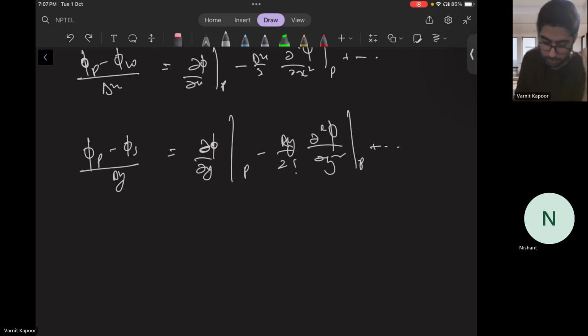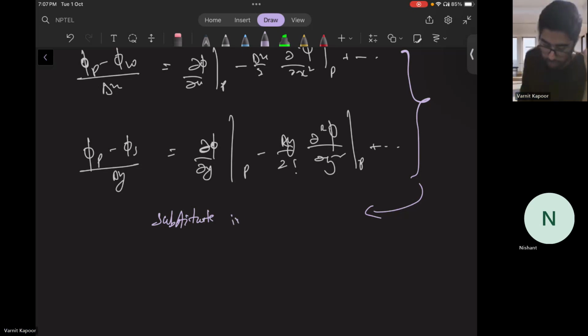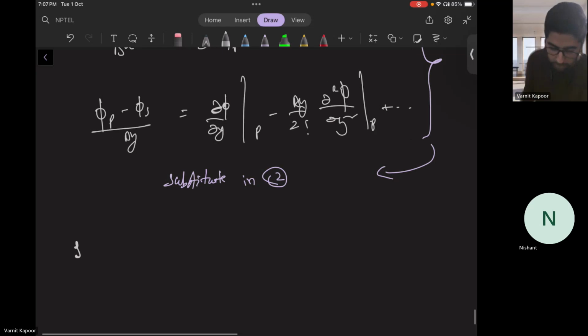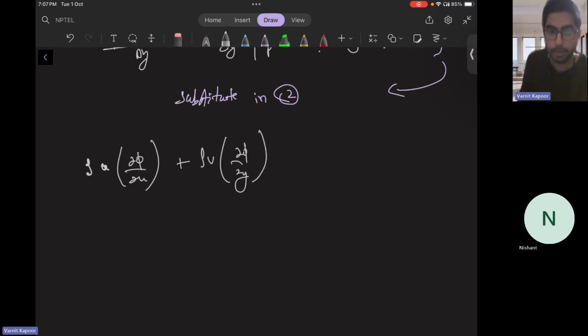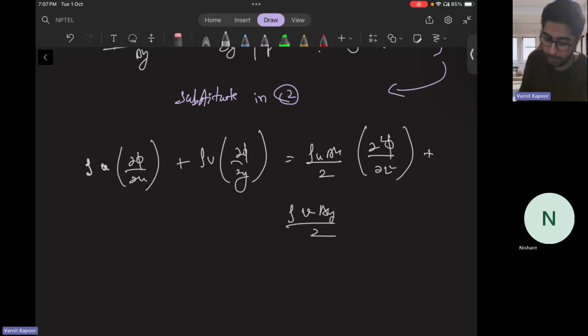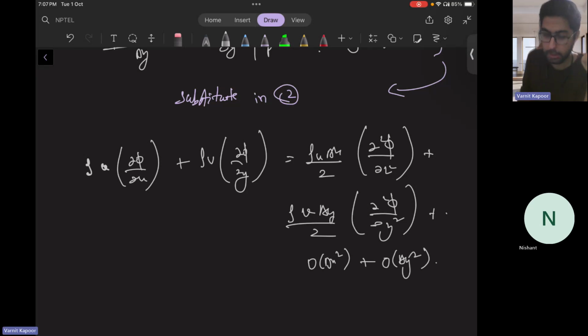After substituting and rearranging, your final equation will come out to be, I'm just writing the final equation, rho u dou phi by dou x plus rho v dou phi by dou y is equal to rho u del x by 2 dou 2 phi by dou x square plus rho v del y by 2 dou 2 phi by dou y square plus order of del x square plus order of del y square.